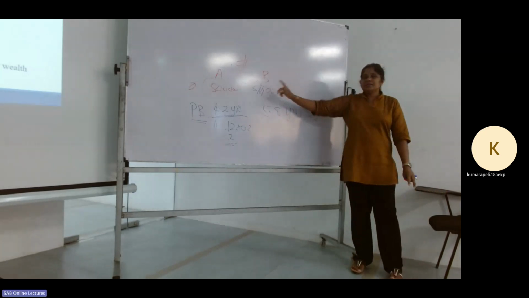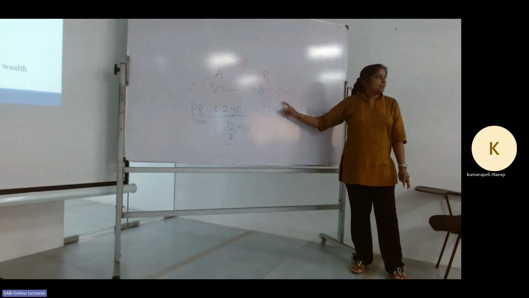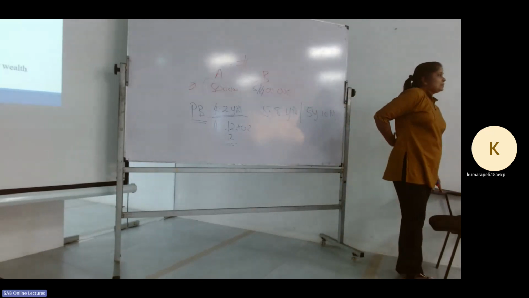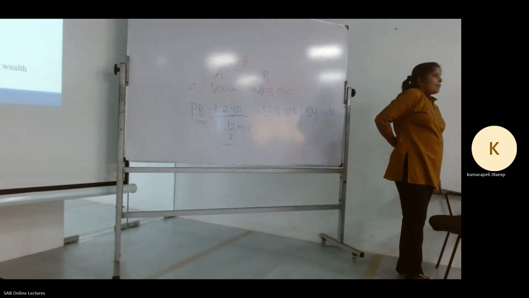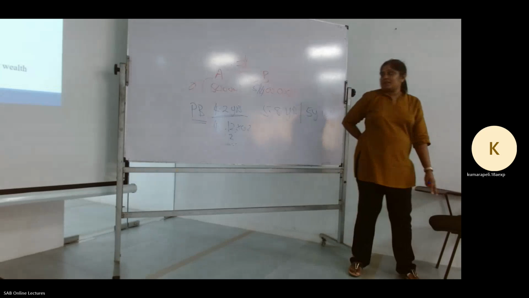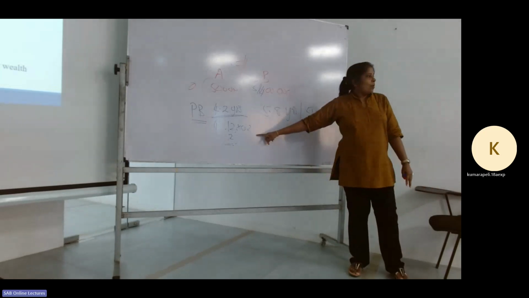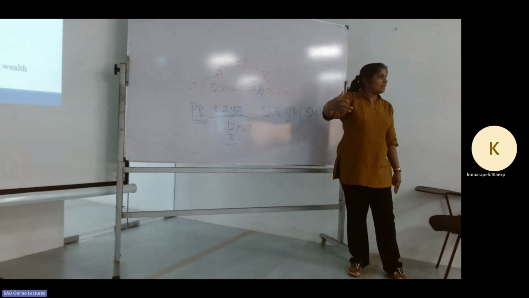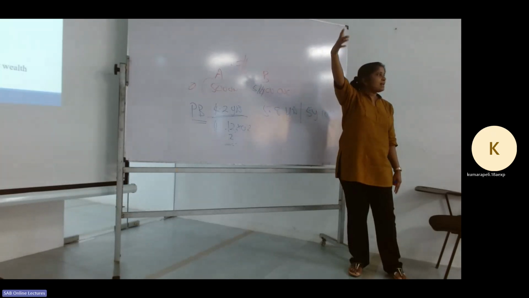Now, if you consider these two again, which project has high liquidity, A or B? Project A. So the lower the payback period, it implies that this project is generating cash flows. It has high liquidity.